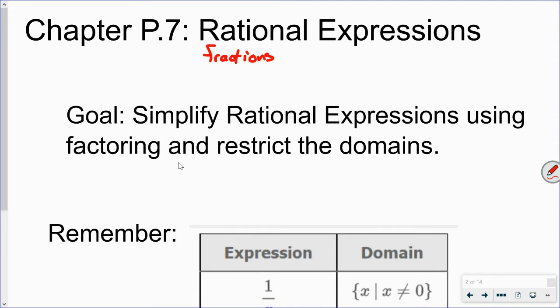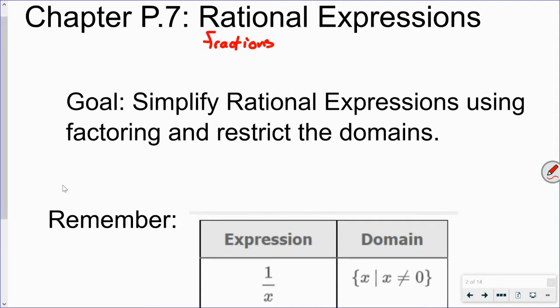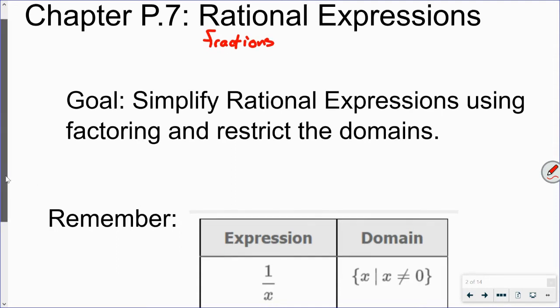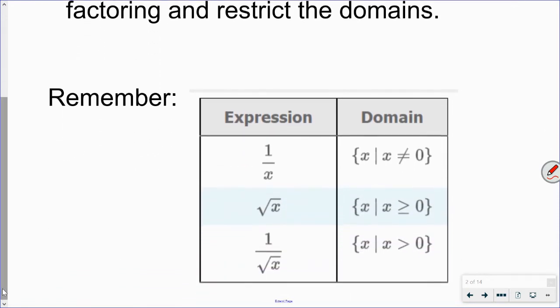So if we look back here at the domain restrictions, there are a couple things that we want to keep in mind that you've talked about already in a previous class. Number 1 is if x is in the denominator, then that cannot equal 0.